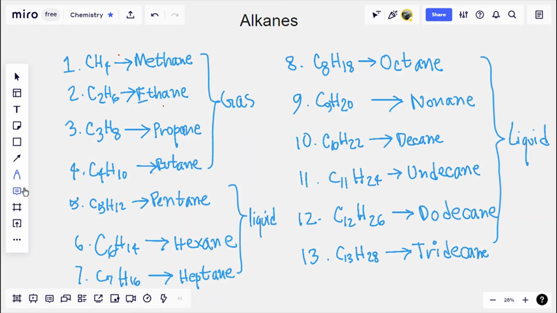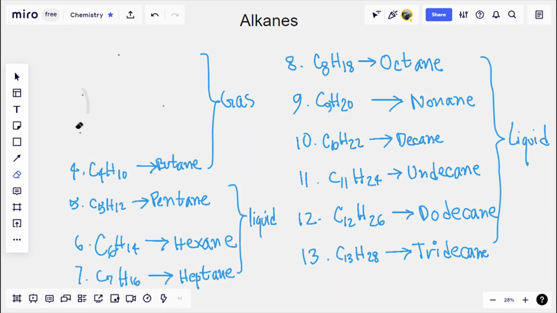So I need to just erase this so I can make space for it. We're going from 10 to 17. The 14th one is C14H30, known as tetradecane.